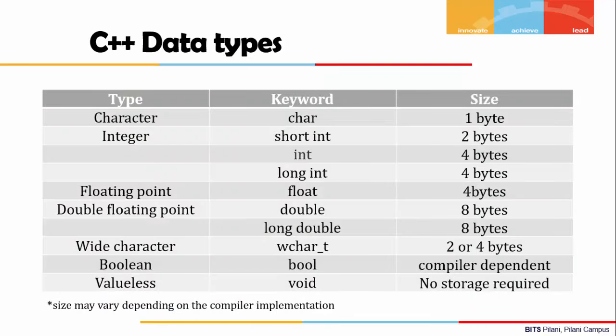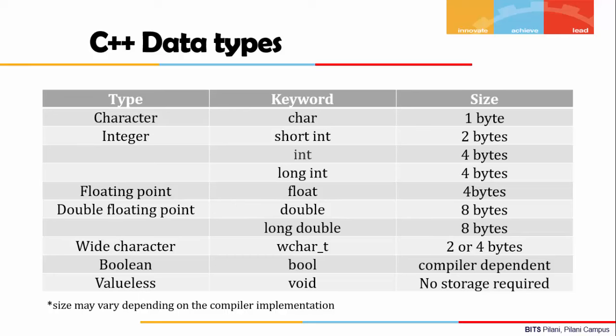Let's now look at the variables and data types in C++. C++ offers 7 basic data types, which are boolean, char, int, floating point, double floating point, wide char, and valueless. These basic data types can be modified using modifiers, which are signed, unsigned, short, or long.